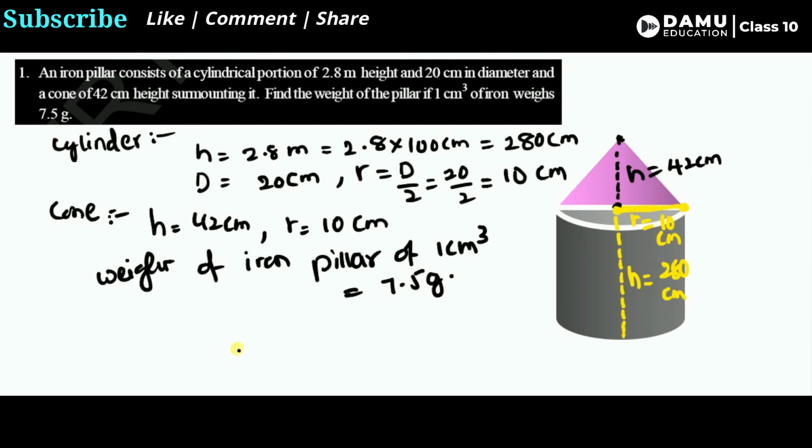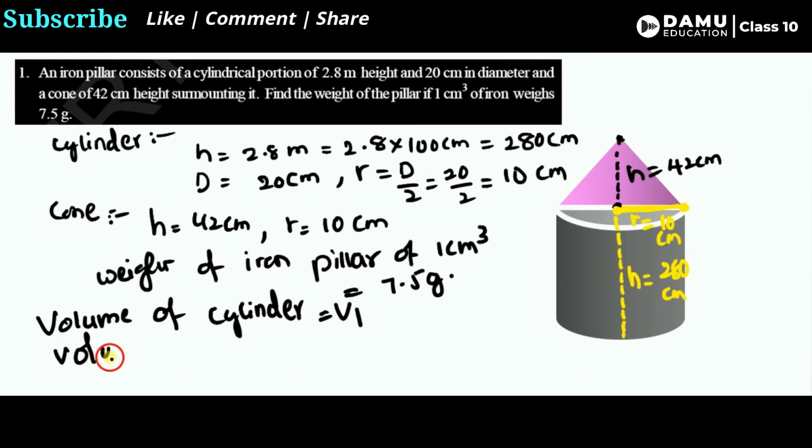So first find the volume of the cylinder, then volume of the cone, then add. Let's take volume of the cylinder as V1, and volume of cone as V2.